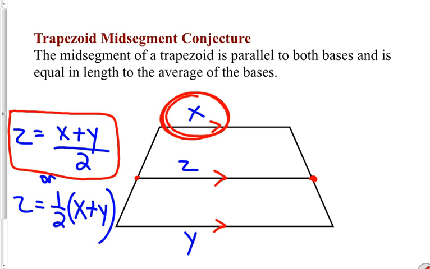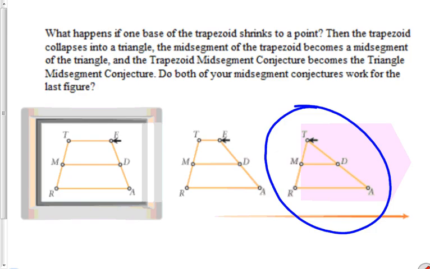And at that point, that is the triangle midsegment conjecture. So if you have that understanding, the trapezoid midsegment conjecture and the triangle midsegment conjecture are essentially the same thing. It's just that with a triangle, one of the lengths of the bases is 0.